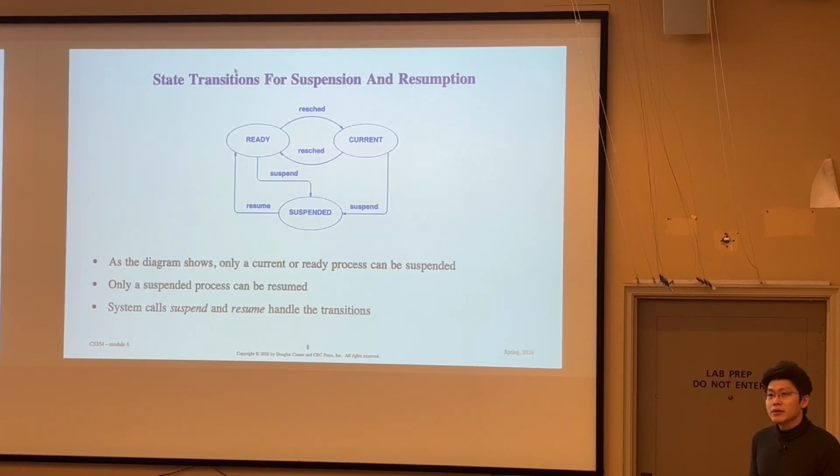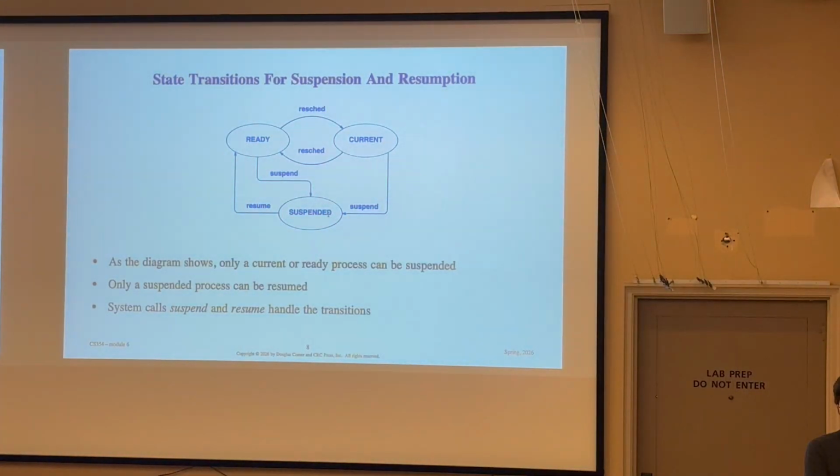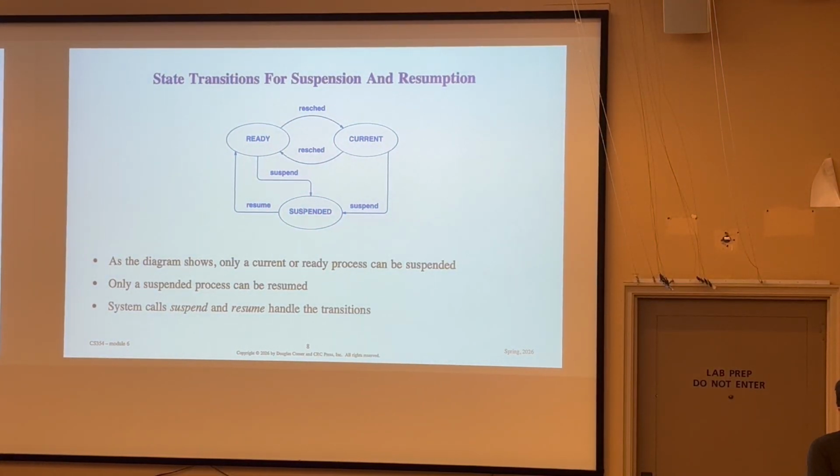So this is the current process life stages we have learned. Right? Ready state, current state, suspended state. When a process is just created, it's created to be in suspended state. And then we call resume.